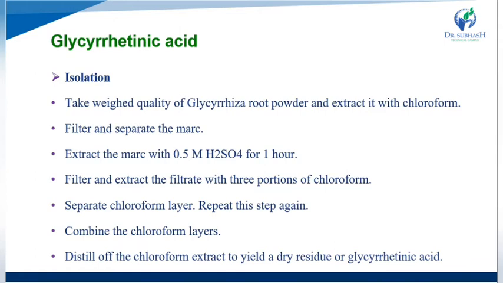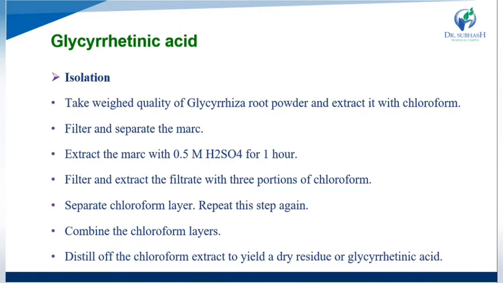Then filter the extract and extract the filtrate with 3 portions of chloroform. Separate the chloroform layer, add 3 more portions of chloroform to the extract, and repeat this step again.